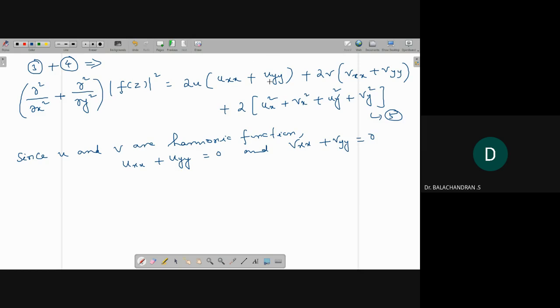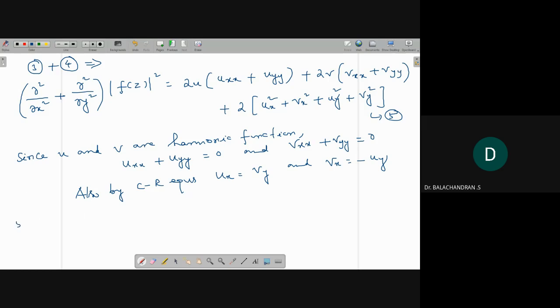So this is 0, this is also 0. Also, by CR equation, what is the CR equation? Ux is equal to Vy and Vx is equal to minus Uy. Now apply these conditions in equation 5.